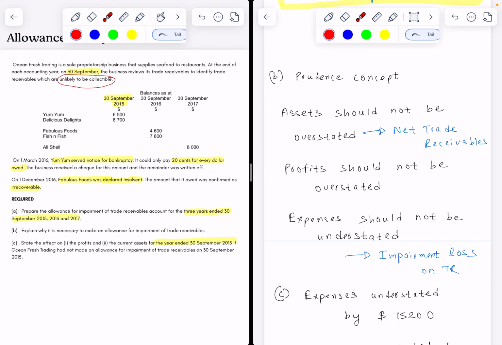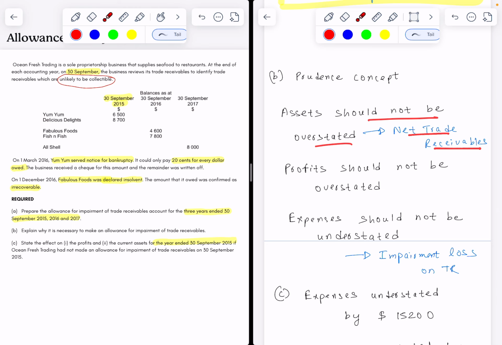The prudence accounting concept states that we should never overstate our assets, we should never overstate our profits, and we should never understate our expenses. Now, we don't overstate our assets because we want to find the net trade receivables where the allowance for impairment of trade receivables, the uncertainty involved in collecting the money that our credit customers owe us, has already been accounted for.